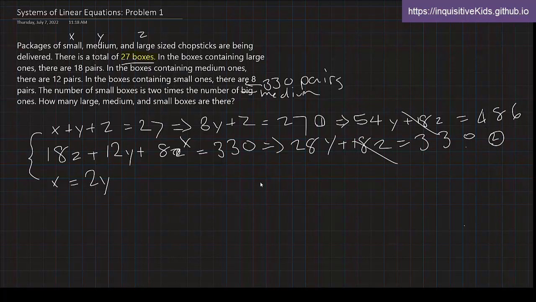And 54 minus 28 is 26. So we have 26y is equal to 486 minus 330, and that gives us 156. So y is equal to 156 over 26.